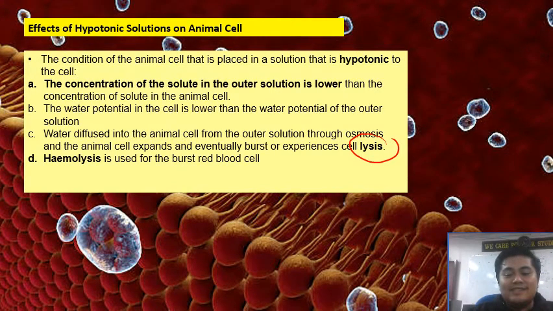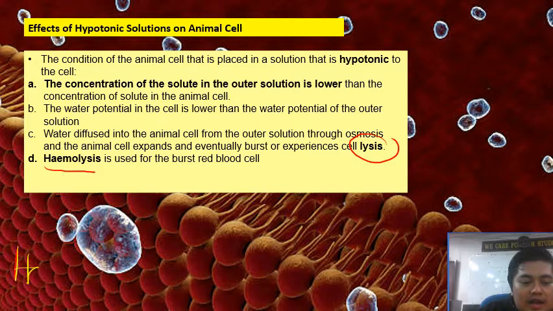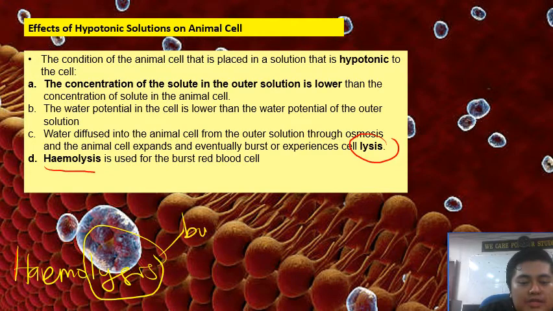So, lysis kalau kita gunakan untuk general animal cell. Any sel haiwan yang kita gunakan, kita panggil dia lysis. Tapi, kalau hemolysis, kita guna untuk burst of red blood cell. Hemolysis hanya digunakan untuk sel darah merah. Kenapa kita panggil dia hemolysis? Lysis ni membawa maksud burst.